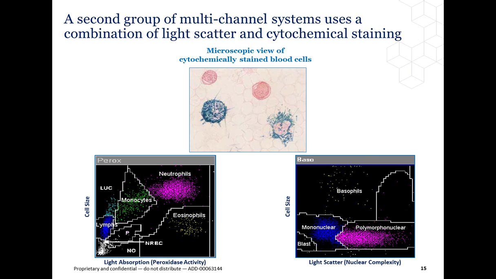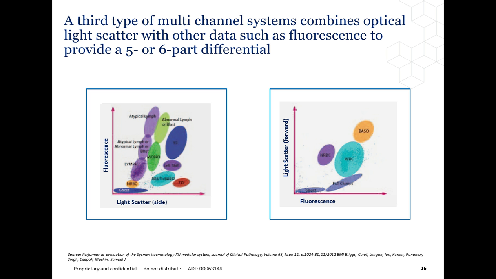And there's example number 3, a contemporary multi-channel analyzer detection system. This system uses a fluorochrome dye staining method for fluorescent labeling of WBC nucleic acids, proteins, and the cytoplasmic organelles in 2 angles of light scatter.